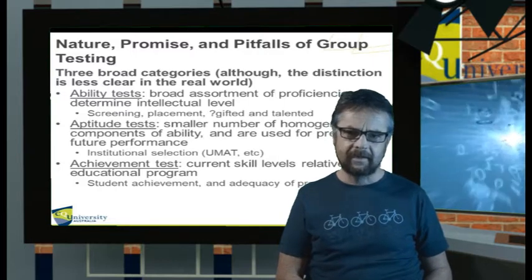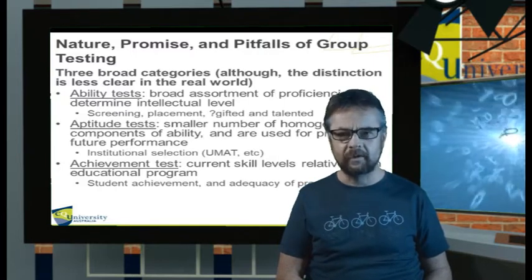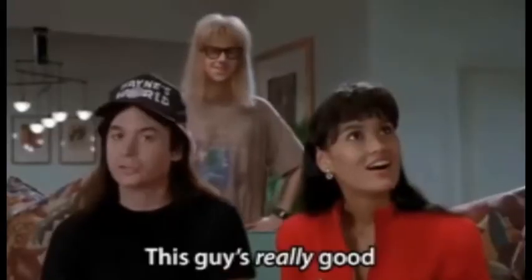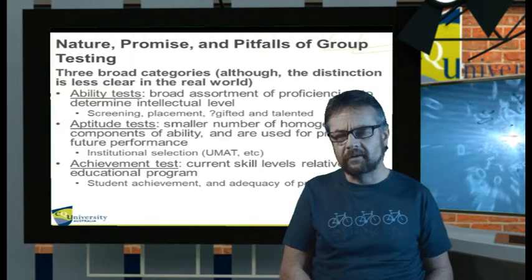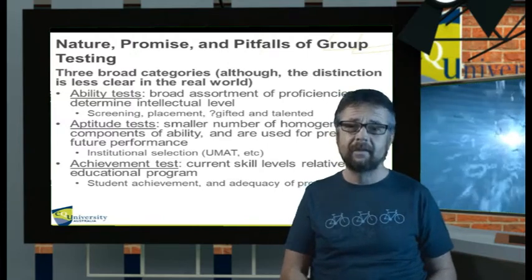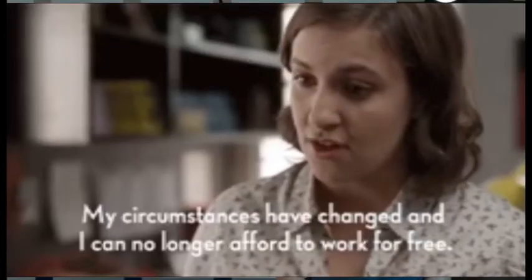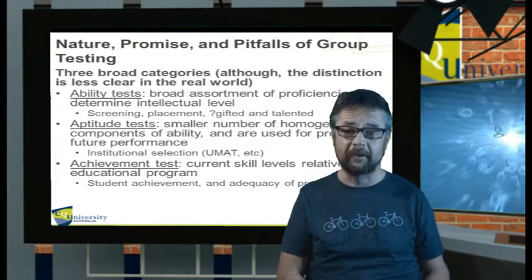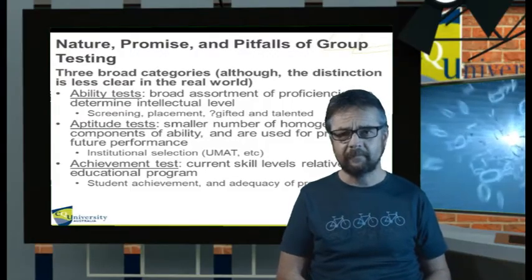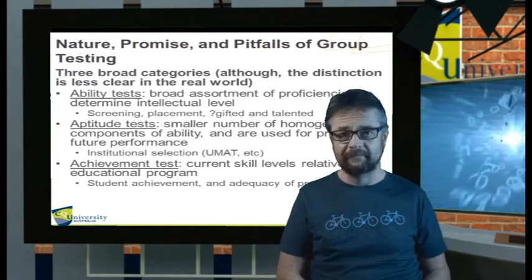Now, ability tests are designed to test what you're good at right now rather than what you might be good at in the future. In universities, these are used to screen candidates for placements. You need to be good at something now, not sometime in the future, because you're about to go on placement now. Okay? So you need to be ready.